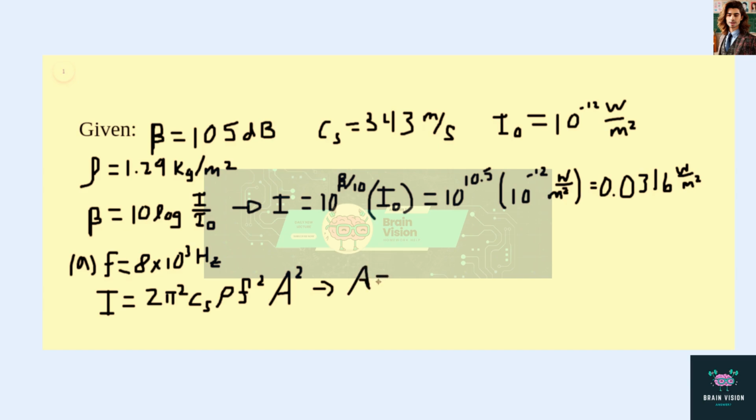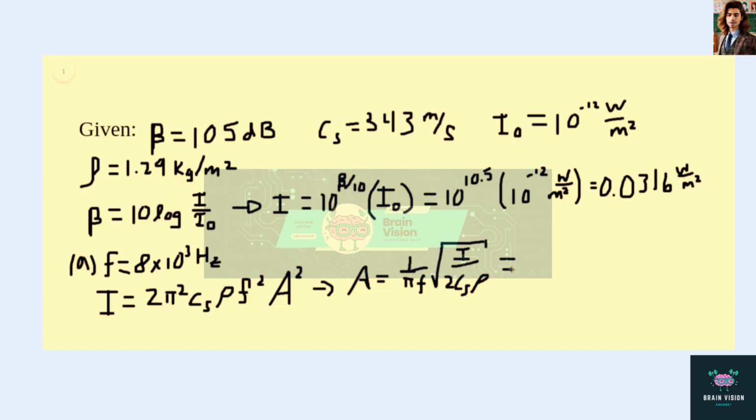If we do that, we have 1 over pi f. Since the pi f are squared, the squares go away because we take the square root to get A by itself. So we have 1 over pi f times the square root of I divided by 2 times the speed of sound times the density.